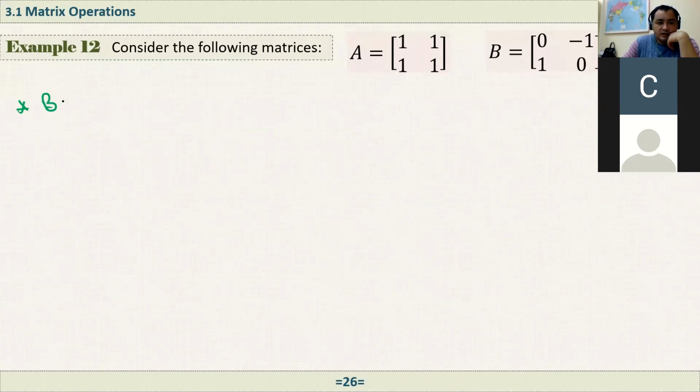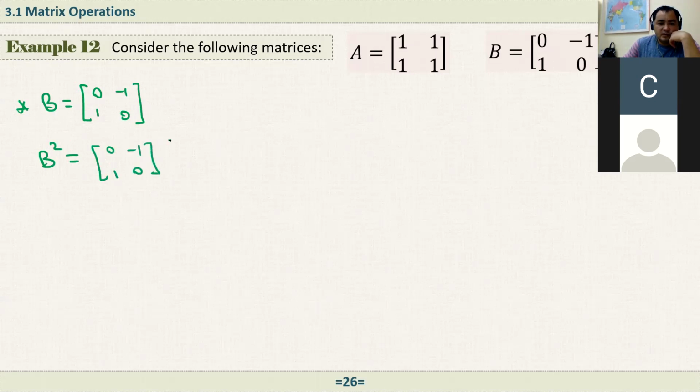Our matrix B is equal to 0, 1, negative 1, 0. So from here, how about B squared? That is 0, negative 1, 1, 0 times 0, negative 1, 1, 0 equals. So it is 2 by 2 matrices.